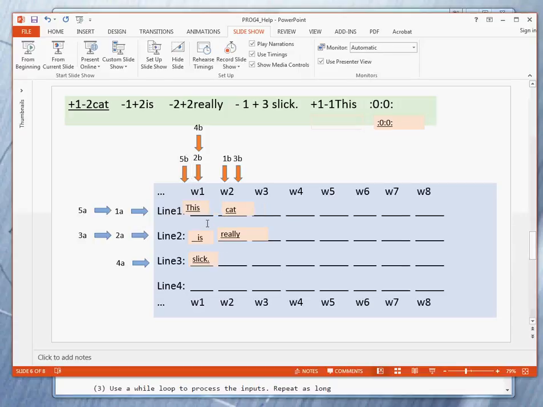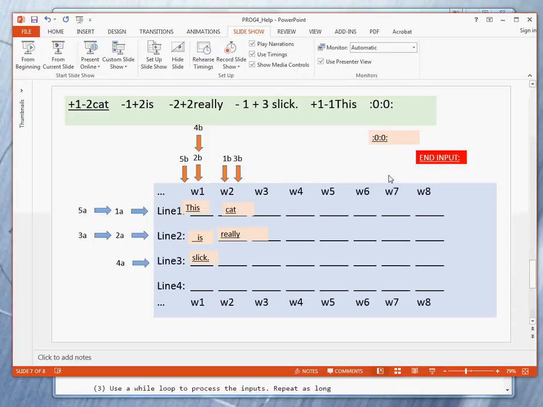All right. And finally we have, what's the last thing we're reading? +1, -1, line 1. So step 5, part A is identify the line. Step 5, part B, identify the word. And put the word this there.